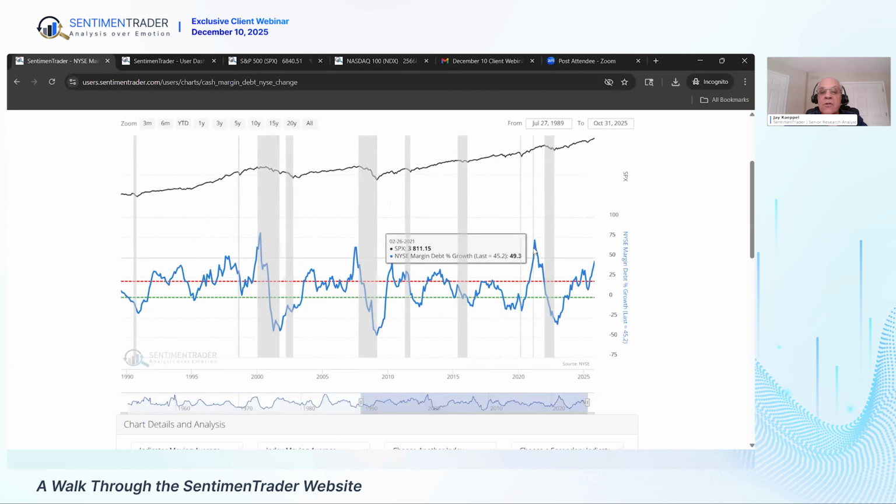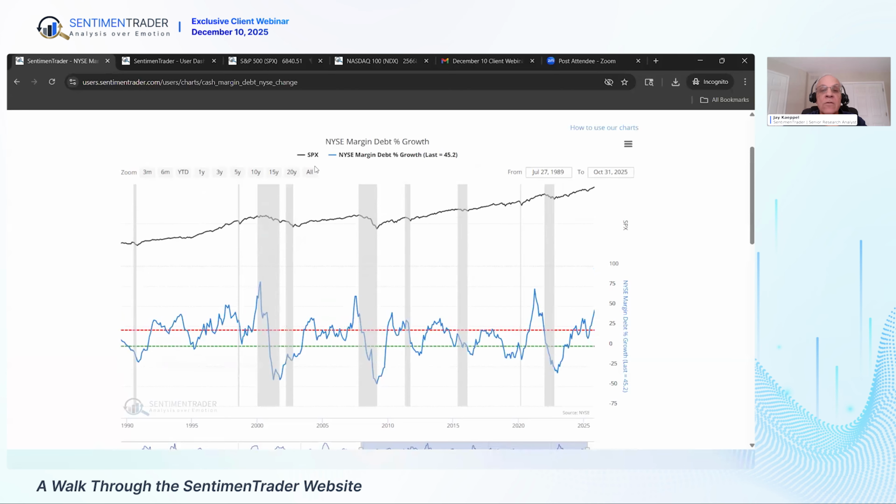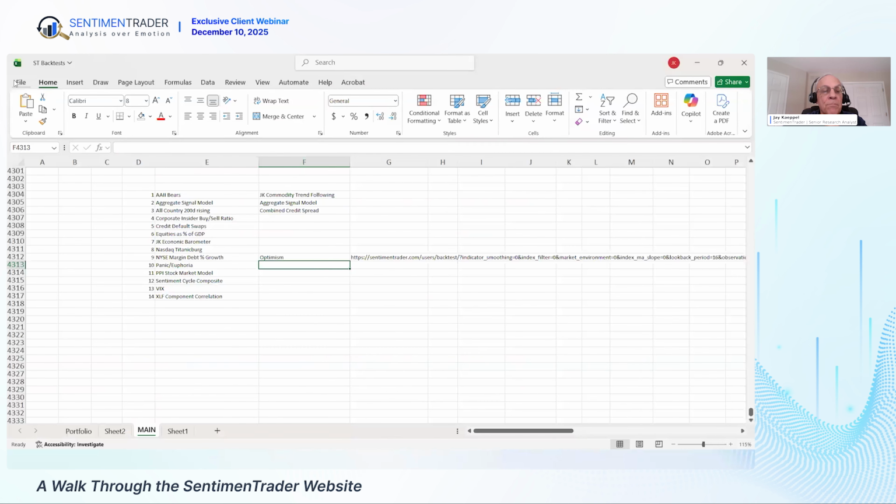So this one I want to keep track of. Maybe every week or every month, I'm going to take a look in here and see if this one crosses above 50%. If it does, am I going to sell everything automatically? As I've been saying, no. Well, what I'm going to do is start paying more attention to signs of downside action so I can hedge myself. So that's margin debt, the percentage growth in margin debt.